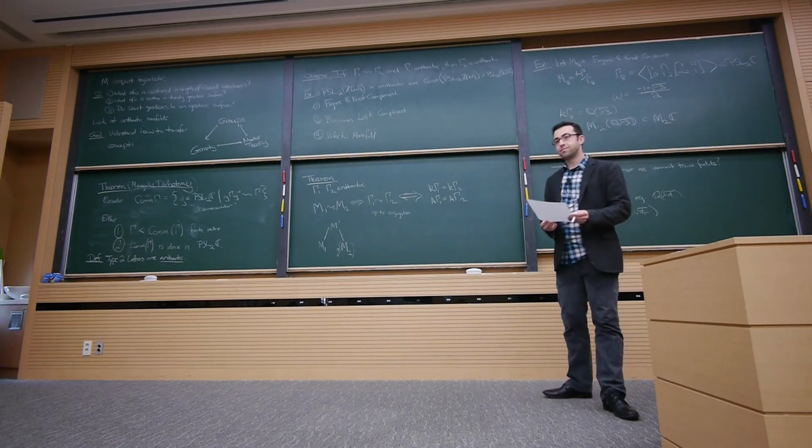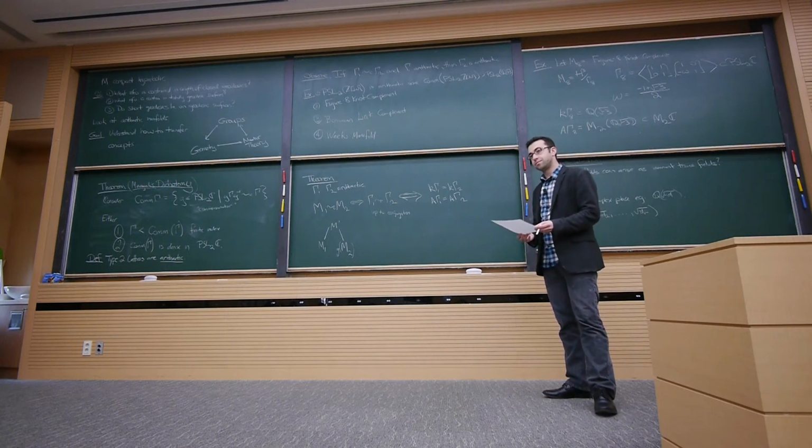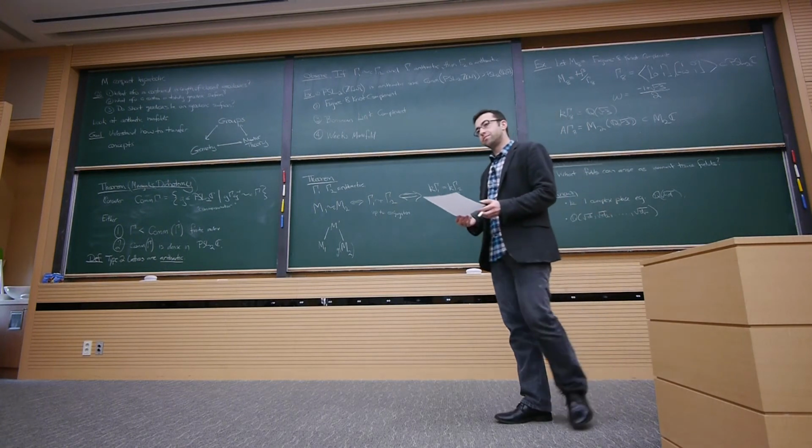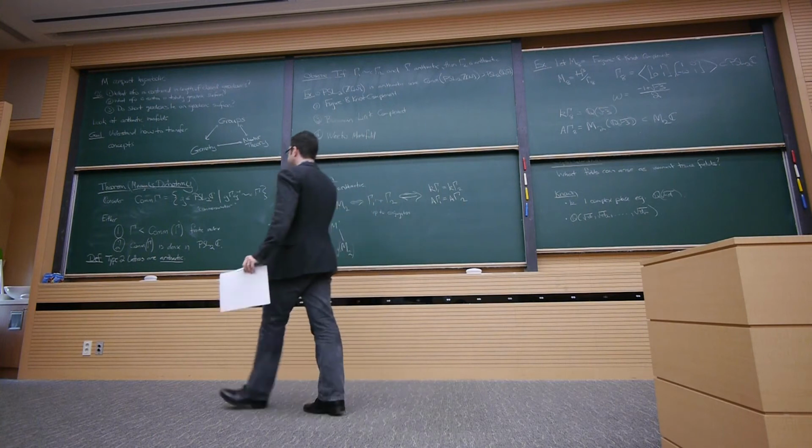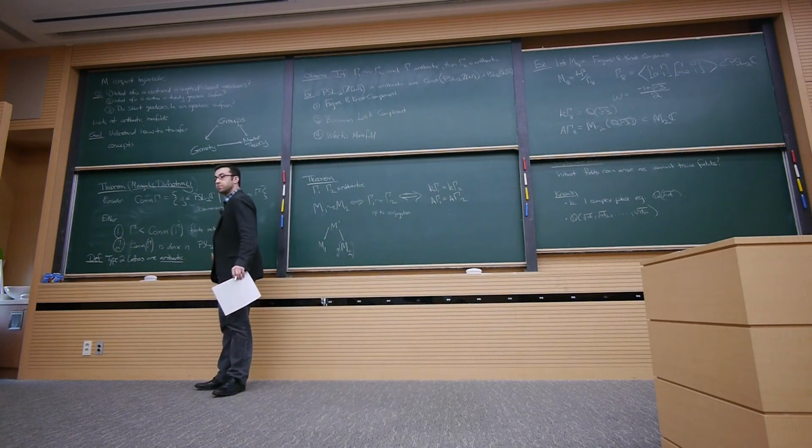Is there any PSL2C element which is not in the commensurator of gamma? I mean, the commensurator will always contain gamma. Yeah, the complement of this. Oh, I see, the complement. Could the commensurator be the whole space? Is that what you're asking?